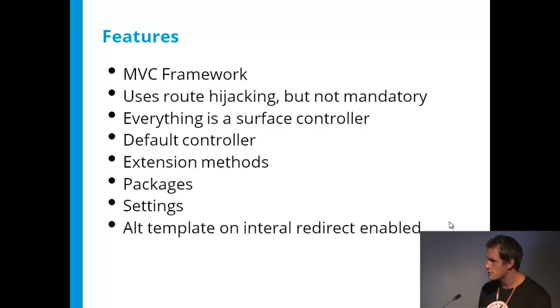This is also a setting, but I mention it separately. Since Umbraco 4.10, the pipeline has been rewritten by Stefan, and it wasn't possible anymore to use an alt template if you had an internal redirect. And with all of our websites, we have our top node and we have our homepage as a child node of that, and we do an internal redirect to the homepage.